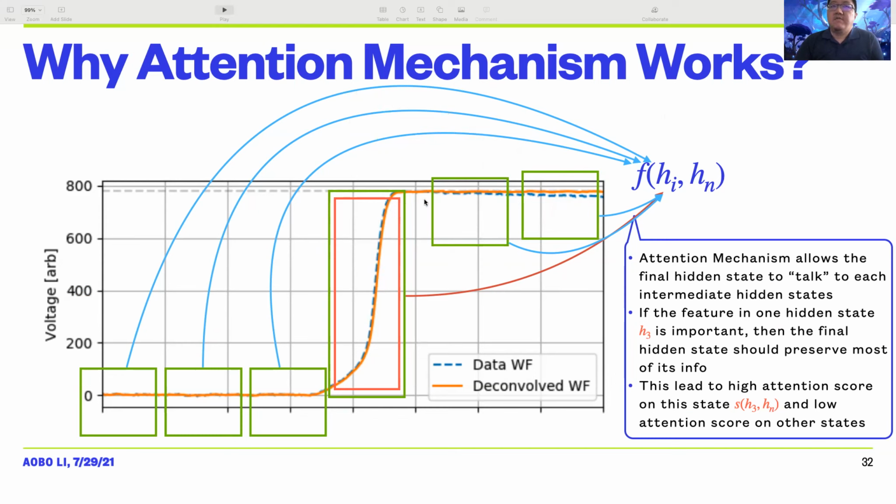So the attention score for this is going to be higher than the attention score of this one. During the training process, because you also have a weight matrix in your attention score, it's going to adapt. The algorithm is going to push this attention score to be more and more important, and this attention score to be less important. Oh, okay, I think I got it. Okay, cool. That's what we mean by putting attention on part of the waveform.